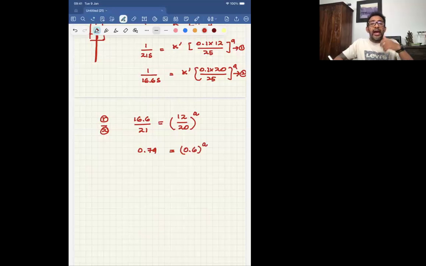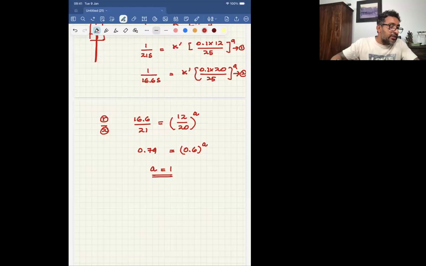Then a can be 1. But look at 0.6 squared. 0.6 squared is 0.36. So that cannot be, right? So a is equal to 1. What do you say? Would you agree with that? Everybody okay with that?